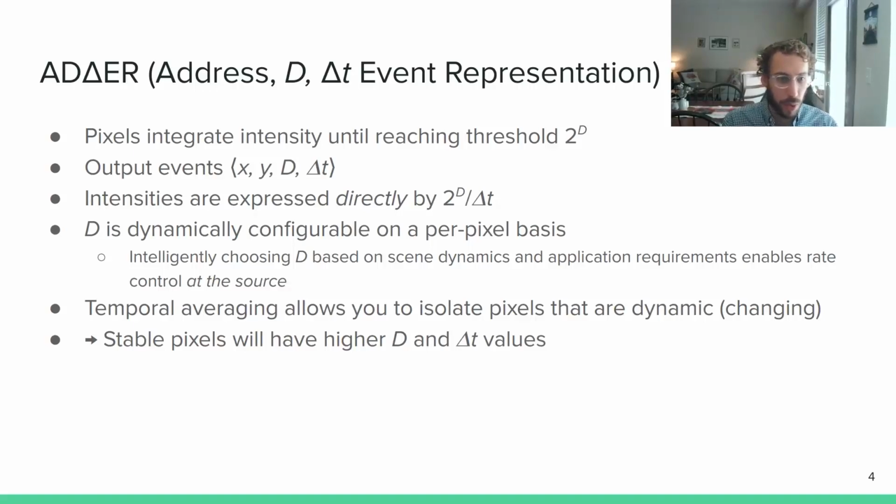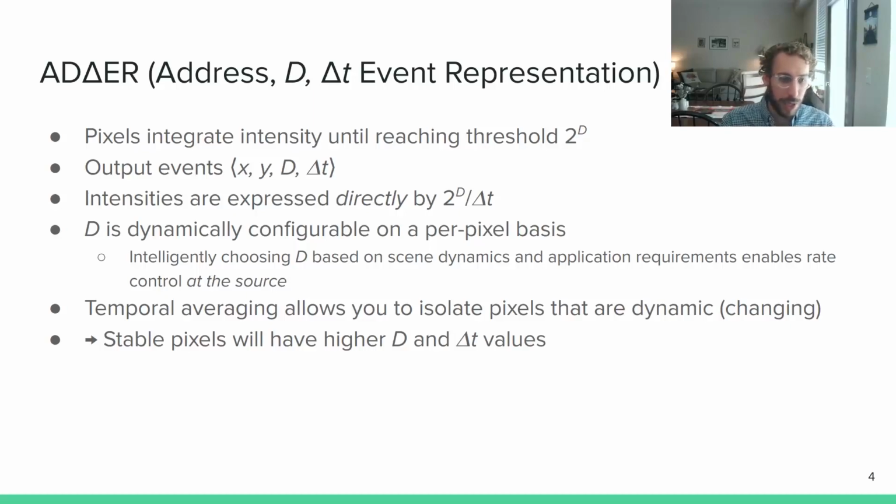The cool thing about this idea is that each of these events directly expresses an intensity. You can take 2 to the d over delta t and find out how much intensity was accumulated. Especially cool is the fact that d is dynamically configurable on a per pixel basis. This is what allows us to adjust the pixel sensitivities according to what is happening in the video. That will be more clear in a second with an example.